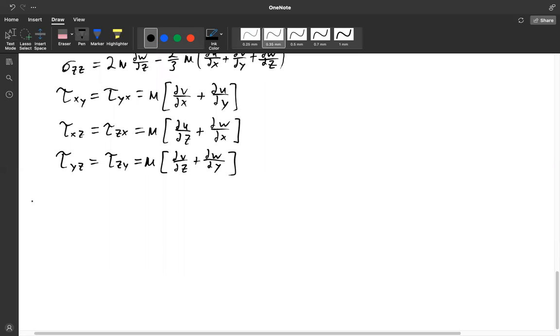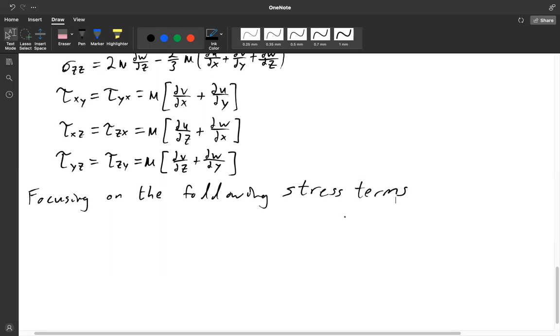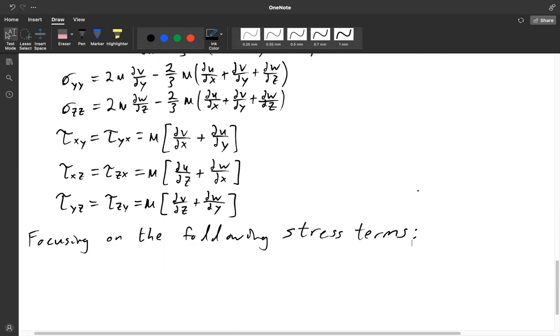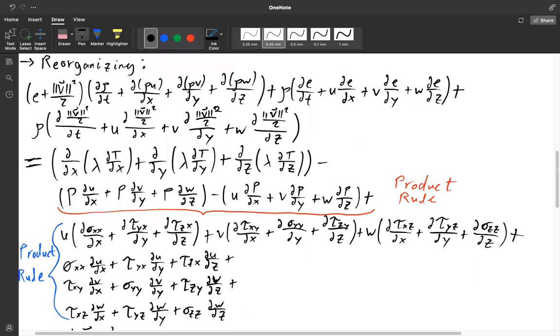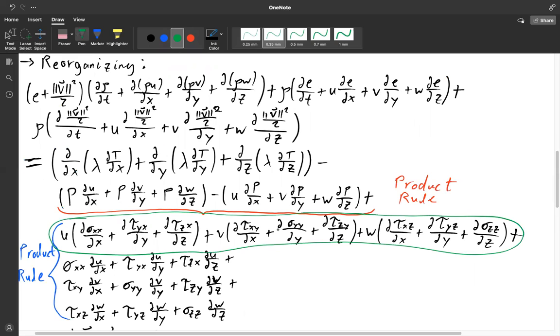And when we focus on the following stress terms, we will be focusing on these terms here where I'm highlighting. The terms we'll be focusing on are circled in green, like that.